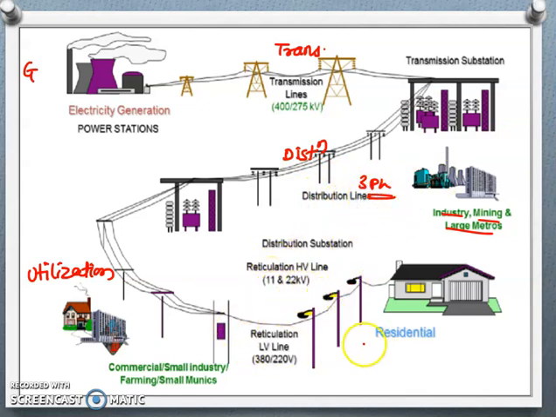Consumers who require single phase, like domestic consumers, or we can say the residential area, we provide one phase and one neutral. And the large load requires three-phase supply, so we provide them three-phase supply. It may be three-phase 3-wire or three-phase 4-wire supply according to the requirement. Okay, this is overall our power system.